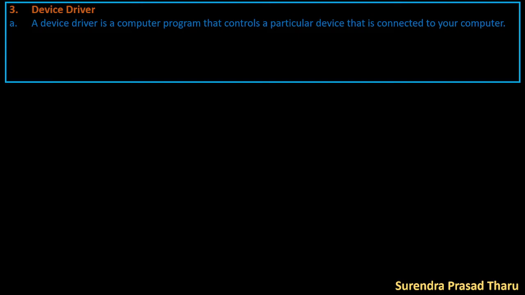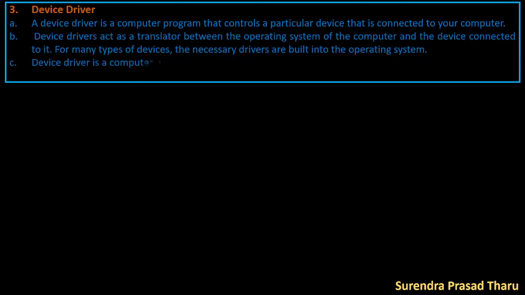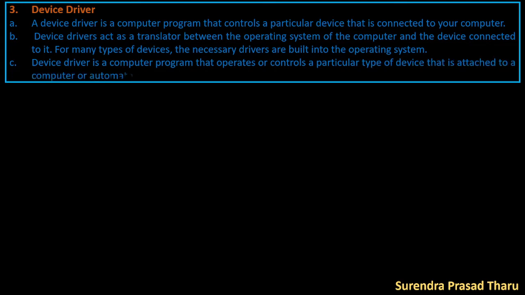That is the device driver, like a printer device driver or a scanner device driver. They are like language translators that make communication possible and operate that particular device attached to the computer system.